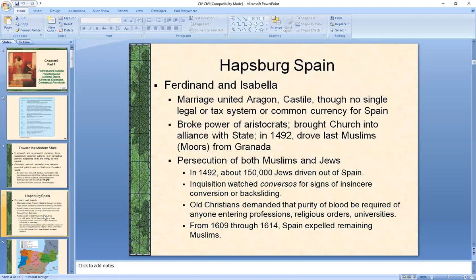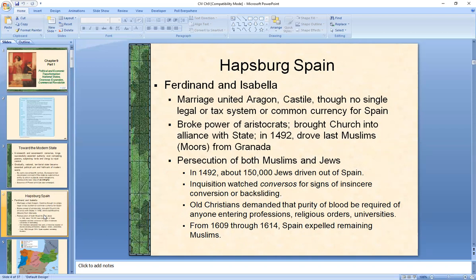The problem is when they got married and united these kingdoms, they did not develop a legal system or a tax system that would have any kind of common currency between the kingdoms. So you still have two very separate kingdoms operating, but just under one family.